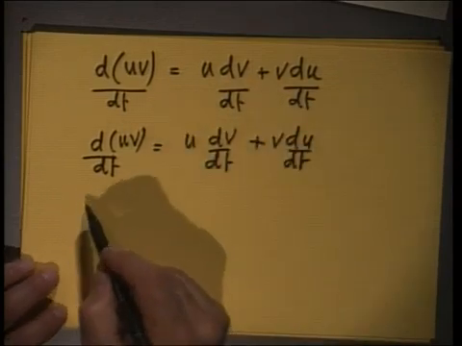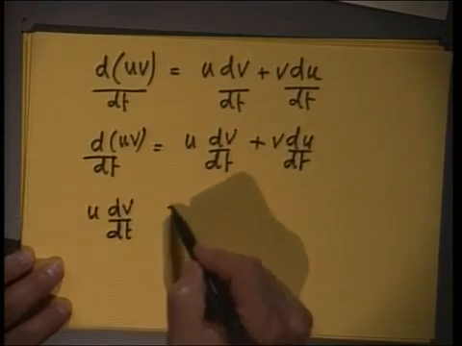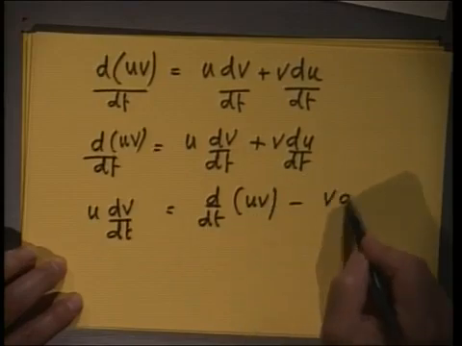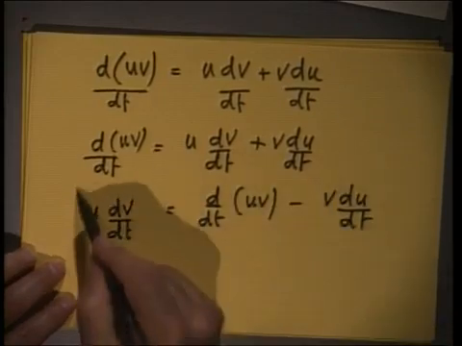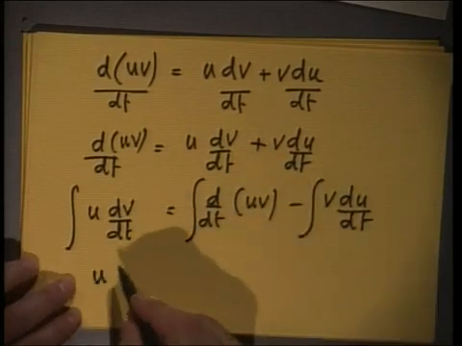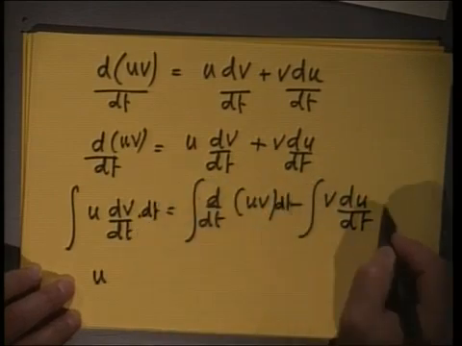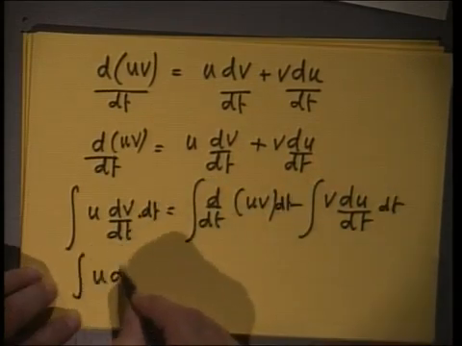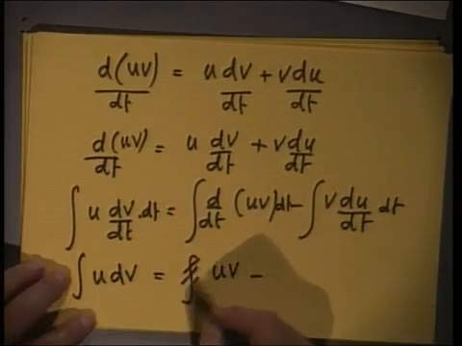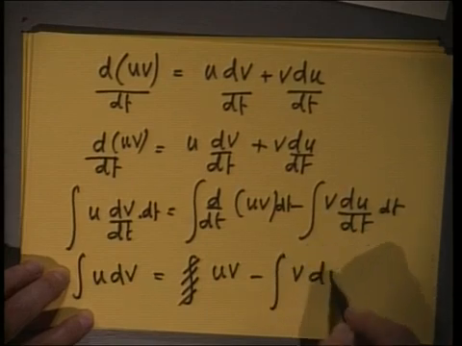So in fact, you get here u dv by dt is equal to d by dt of uv minus v du by dt. And if you integrate this with respect to t, you directly obtain the integral of u dv is equal to uv minus the integral of v du.